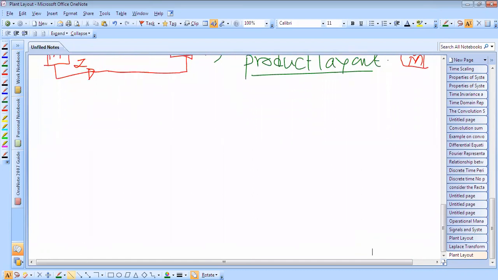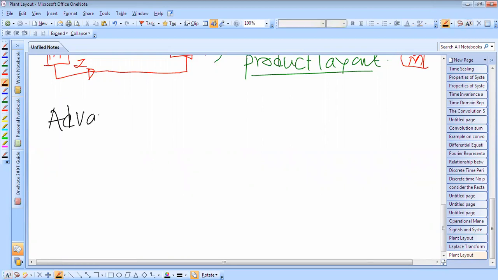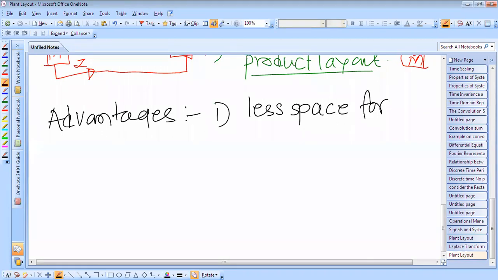So the advantages of this layout: what are the advantages? Less space is required for the same volume of production. The next advantage is automatic material handling.